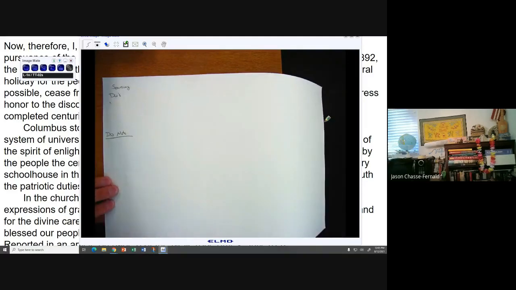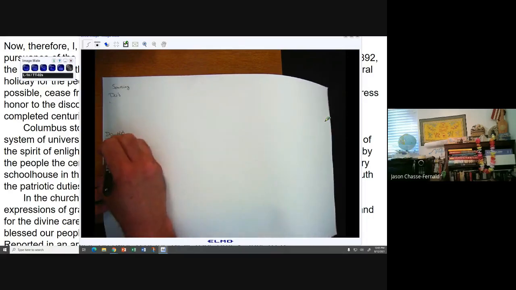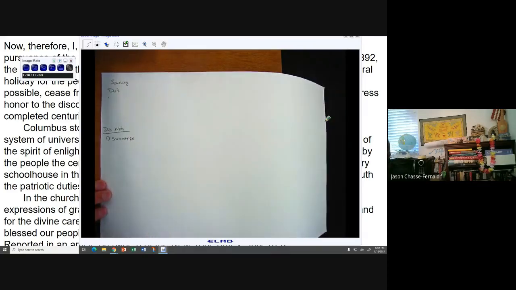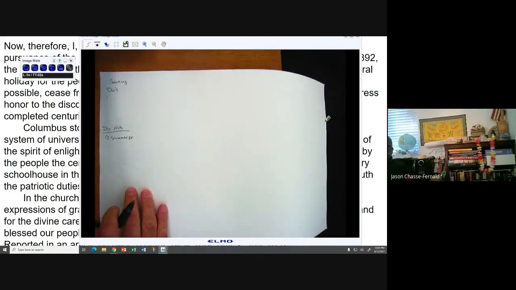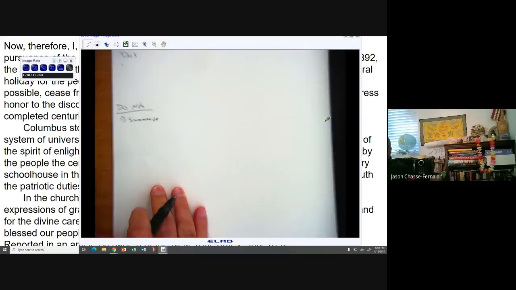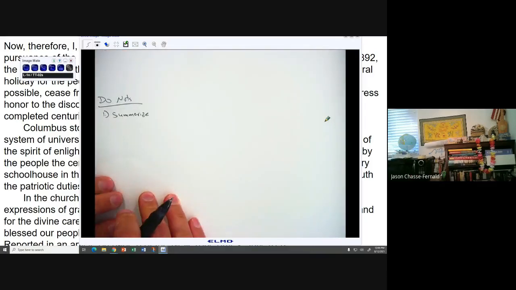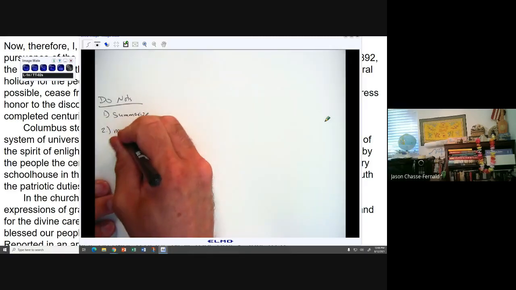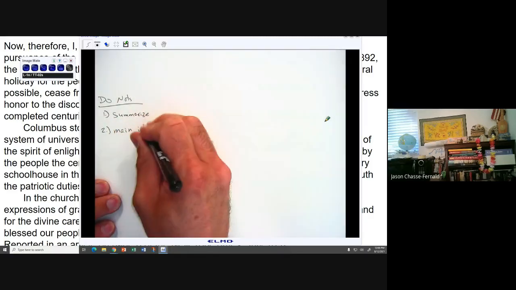So let's start with the easy ones, which are the do nots. Do not summarize the document that you're being presented. It is not what sourcing is about. Do not give the main idea.